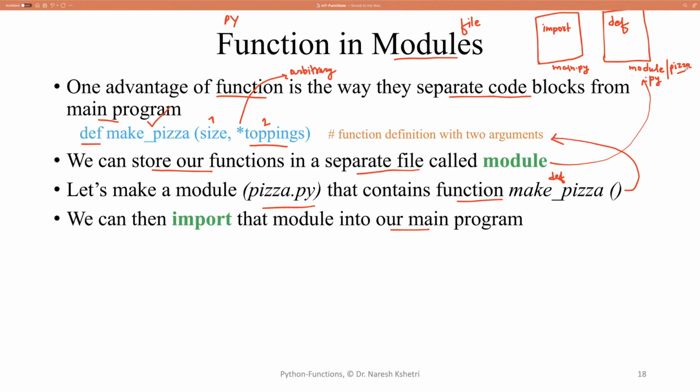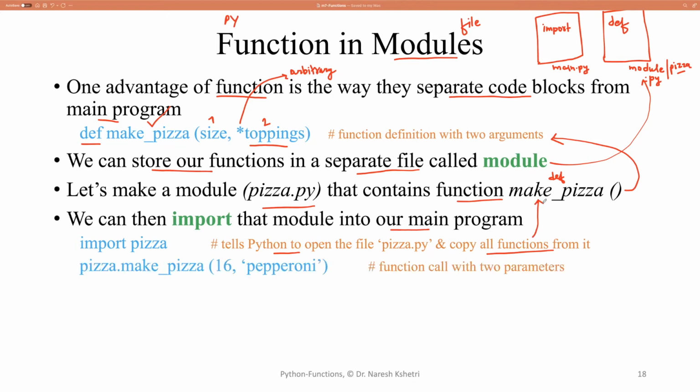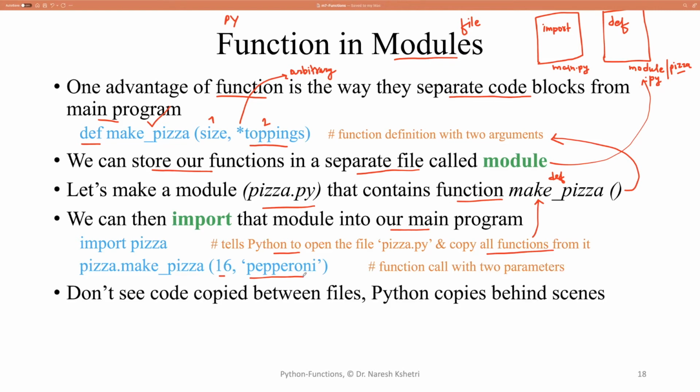But first, let us understand the working behind the scenes. The line import pizza tells Python to open that pizza.py file and copy all functions from it. For now, we have only one function, that is make_pizza. And then we call that make_pizza function with the parameters: one is size and another is toppings.